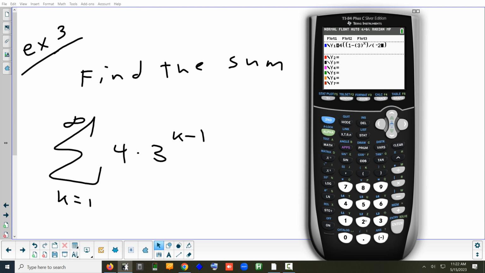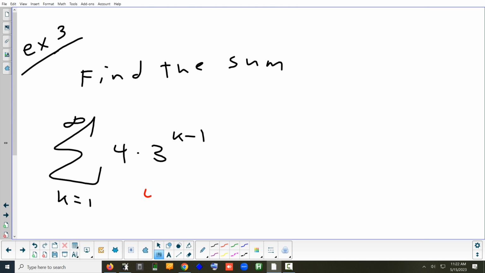Okay, so what if you let k equal 1? What's your first term? It's 1 minus 1, so the exponent is 0. So it's 4 times 3 to the 0. What's 3 to the 0? It's just 1. Anything to 0 is 1. What's 3 to the 1? 3.